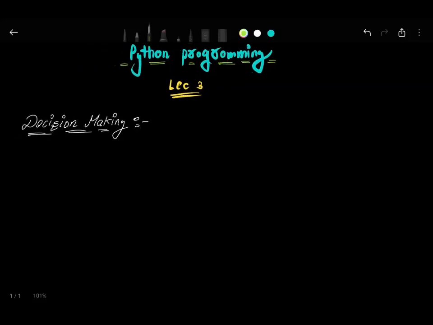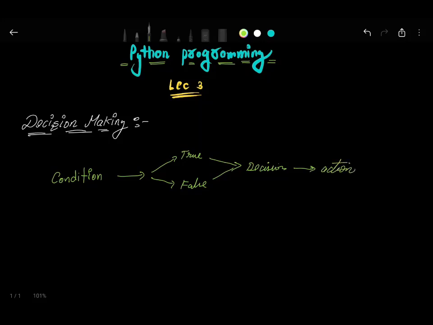For a computer-based system, firstly we will define a condition. Then we check if the condition is true or false. And after checking this true or false value, we will make the decision, and then we will execute the code.